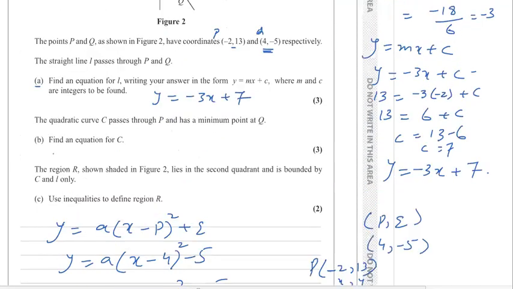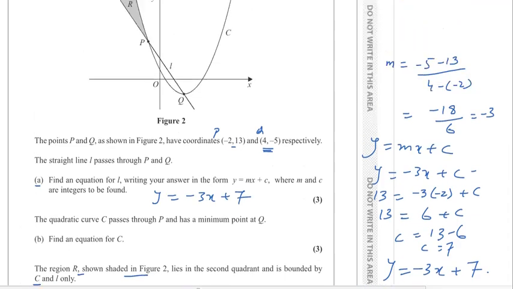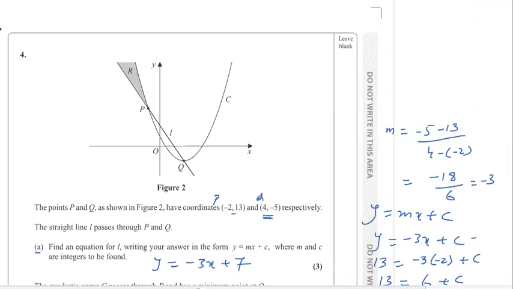Now part C: the region R shown shaded in the figure lies in the second quadrant and is bounded by C and L only. Use inequalities to define the region R. If we look at this region R, it is above the line and below the curve.